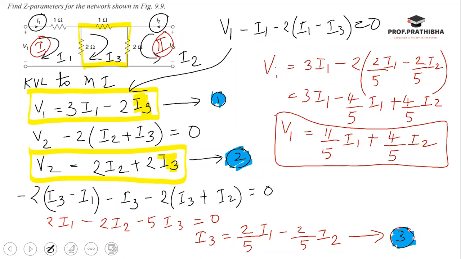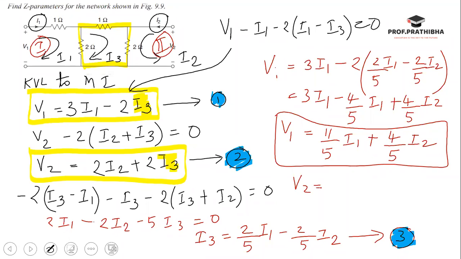Now look at it, can anybody tell me what is Z11? Anybody? What is Z11? 11 by 5. Yes, 11 by 5 is my Z11 and my Z12 is 4 by 5. Understood? We have to compare it with the original. Similarly, you can write V2 also.